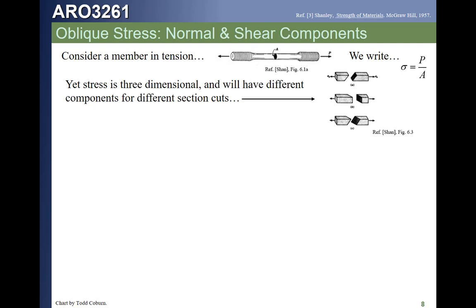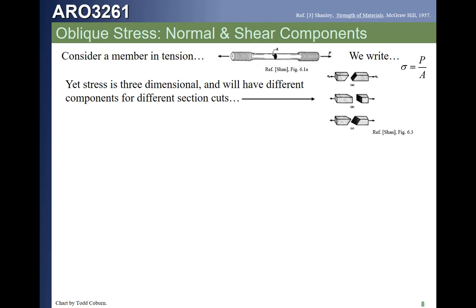Now we could still talk about the stress in that x direction, but really we have no allowables for stresses that are skewed to the plane of the area. All we have is allowables for stresses that are perpendicular to the area, which we call normal stresses, or parallel to the area, and these are called shear stresses.